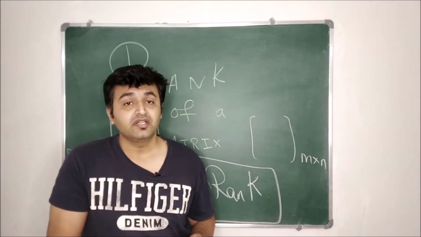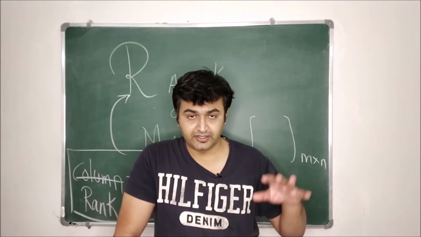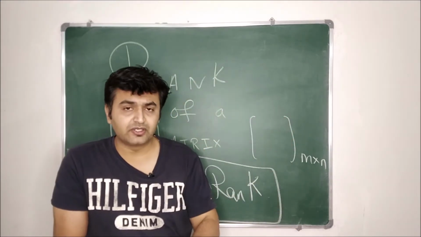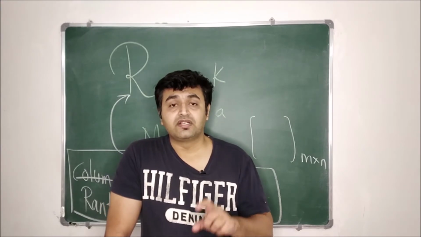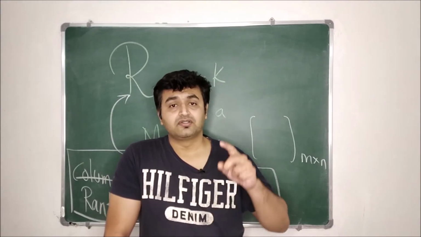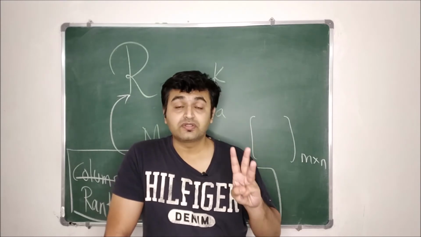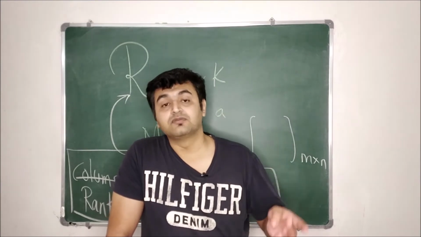Why is this important? Because once you apply row operations and reduce the matrix to triangular form, the simplest form, from that you can tell the row rank, you can tell the column rank which is the same, and you can also tell which rows are independent and which columns are independent.